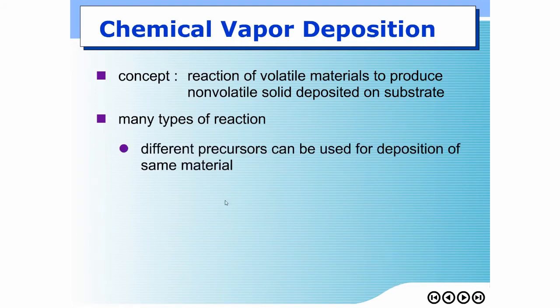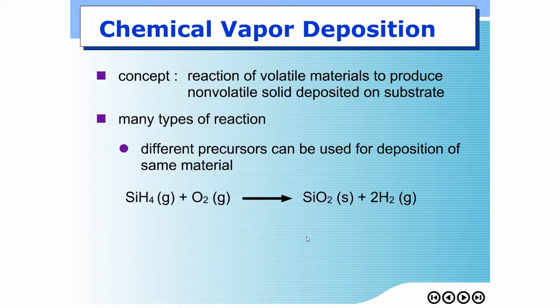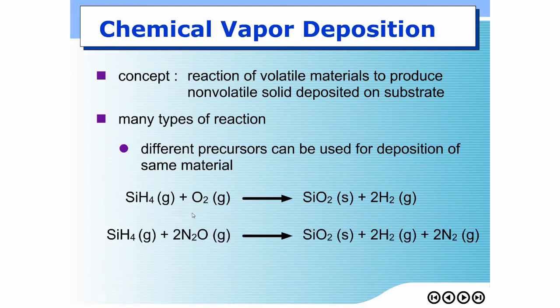And different precursors can be used for deposition of the same materials. For instance, if you want to deposit silicon dioxide onto the substrate, you can choose to have silicon hydride as a precursor, reacting with oxygen. You can also choose a different reagent.